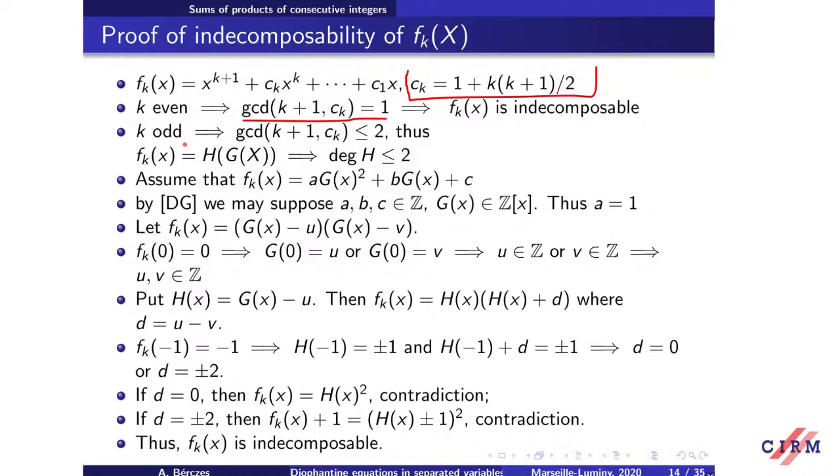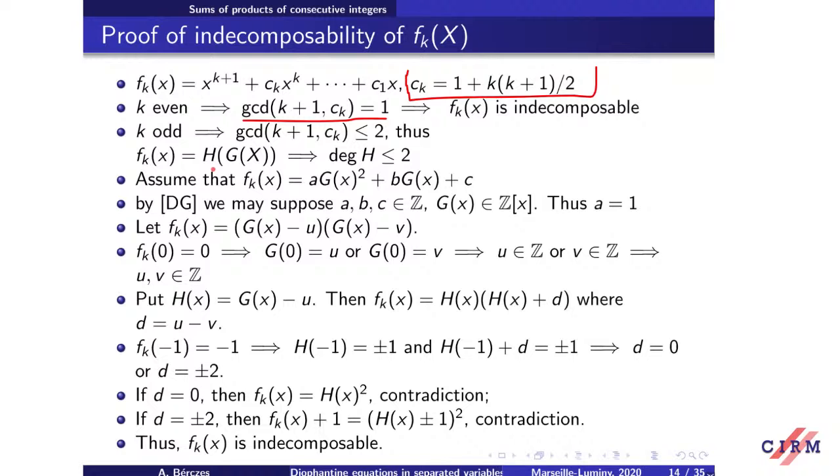When k is odd, then we have to do a little bit more computation. In this case, we see that k plus 1 and ck have a GCD which is at most 2. Of course, if fk of x equals h of g of x and the degree of the outer polynomial is 1, that's a trivial decomposition, so it doesn't count.